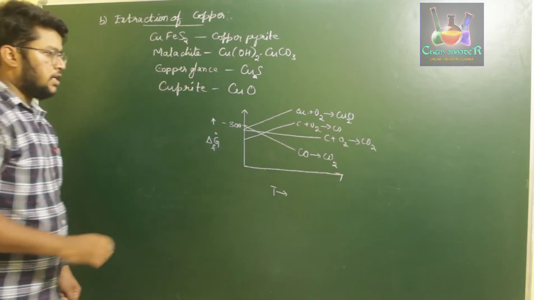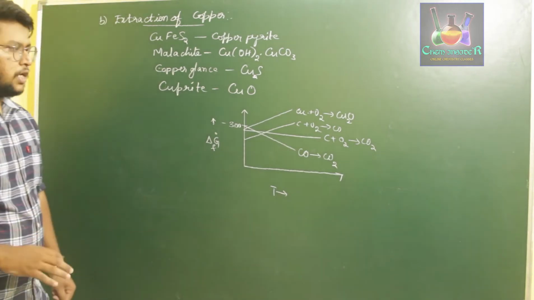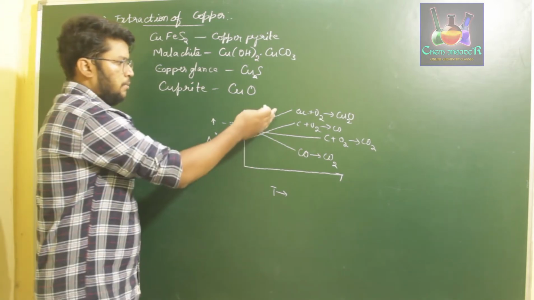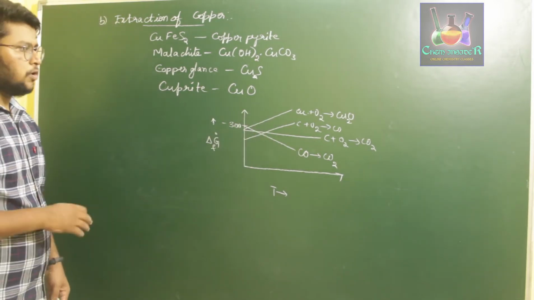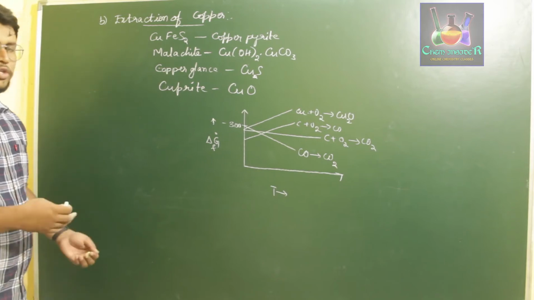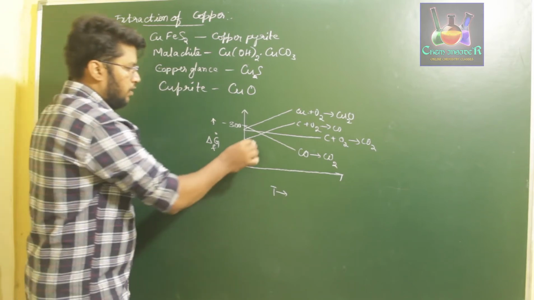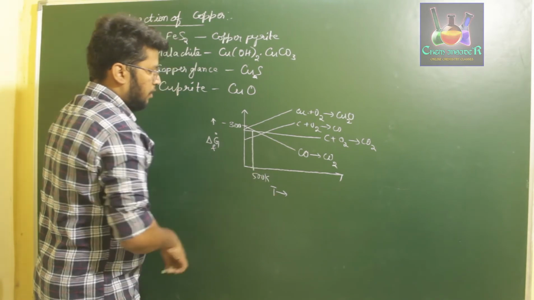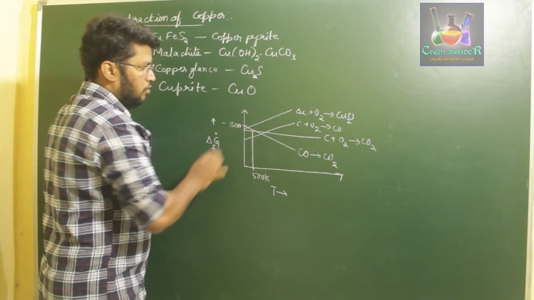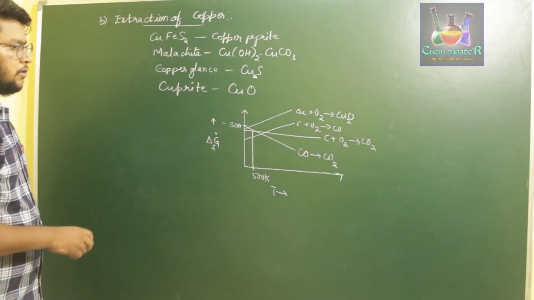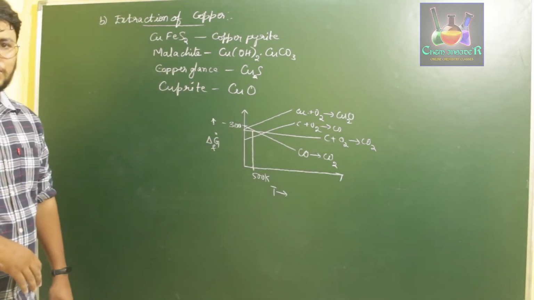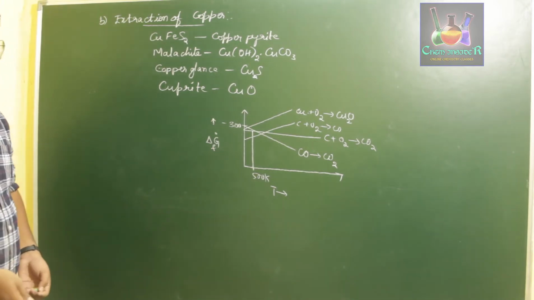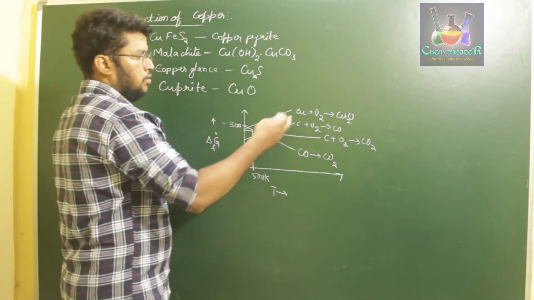So clearly all the coke which can be used as a reducing agent for copper oxide lies below the curve for the formation of copper oxide, especially after the temperature of 500 Kelvin. After 500 Kelvin, the line of copper oxide formation is above carbon monoxide also. Therefore we can use carbon or carbon monoxide as reducing agents for copper oxide to copper.